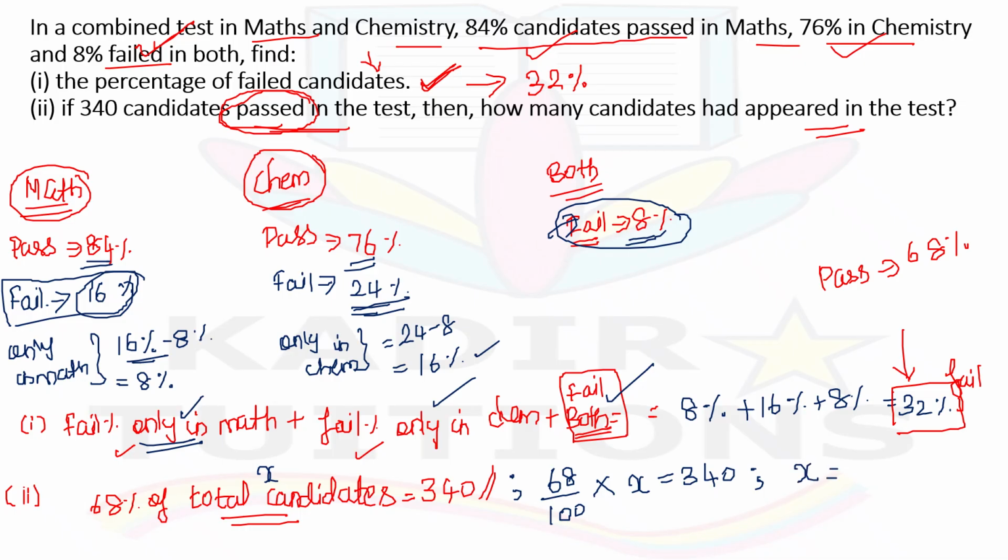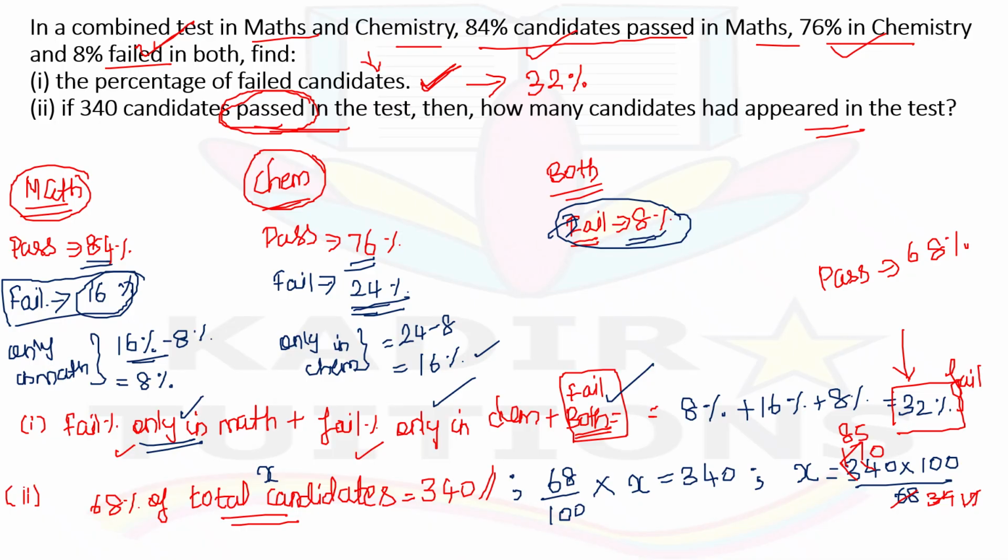So x equals, moving the 68 by 100 to the other side, 340 into 100 divided by 68. We can cancel this with the 2 table; we always go with the smaller table. This is 3 and 4, and over here 1 times 7 times 0, and again over here we can do with the same 2 table. So it's going to be 1 and 7, and over here 8 and 5. 17 fives are 85, right?